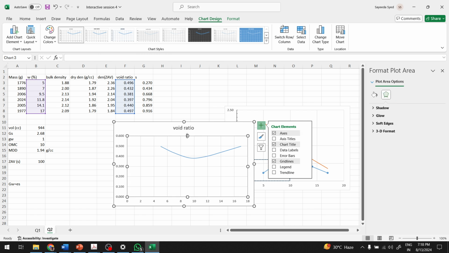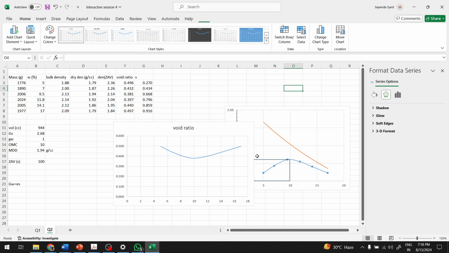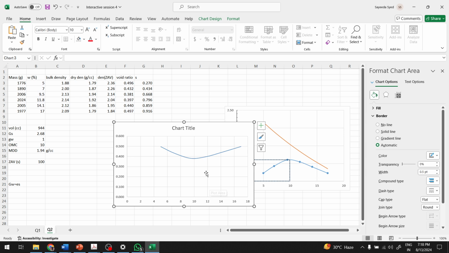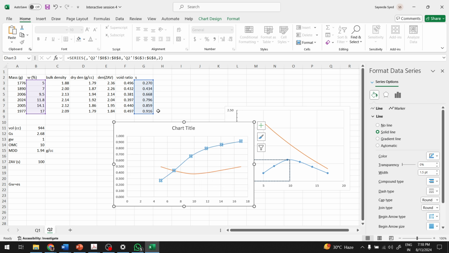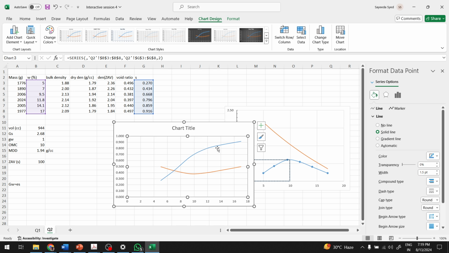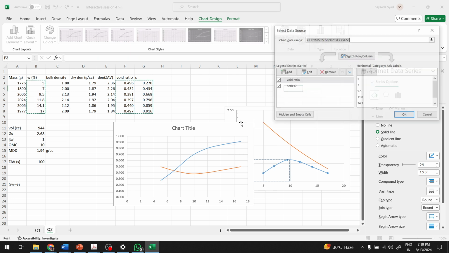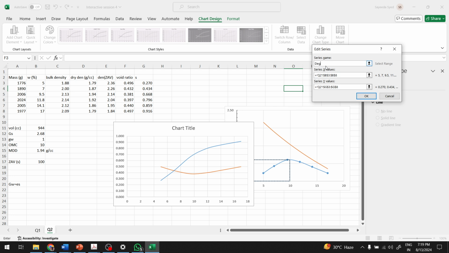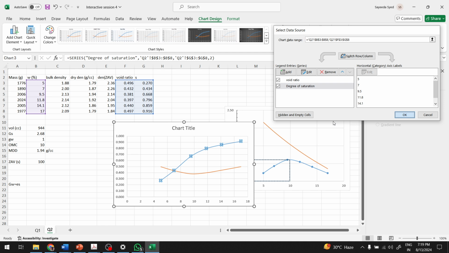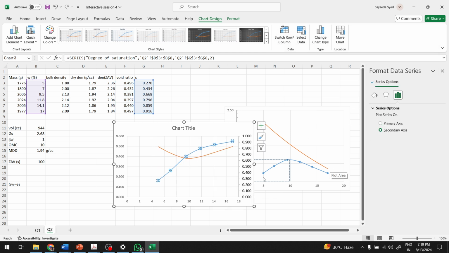Let me plot the degree of saturation. And let me do this on a different axis.